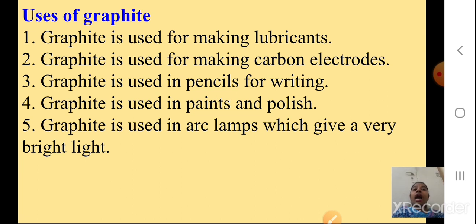Graphite is used in arc lamps which give a very bright light. So it can be used on the streets, so more light can be given. So arc lamps are also placed. I hope you know the uses. 4 uses are enough. You should study by heart the 4 uses of graphite. Okay students, I hope it is clear to you.